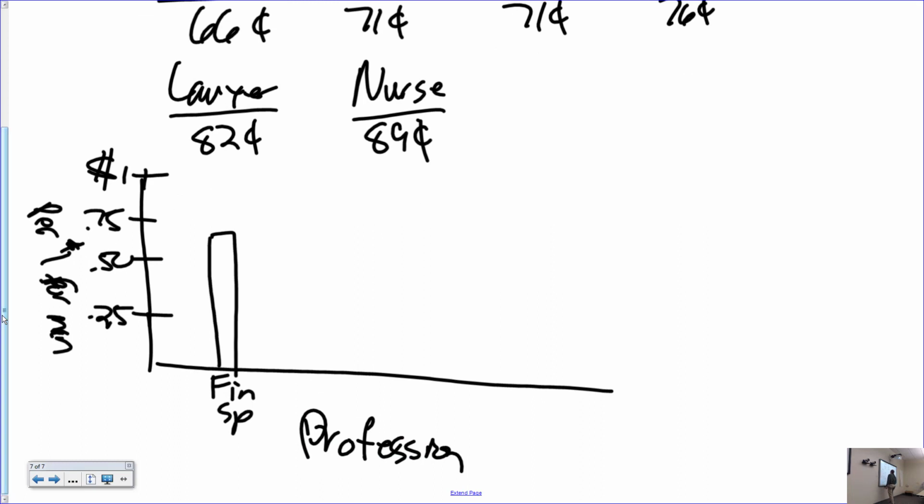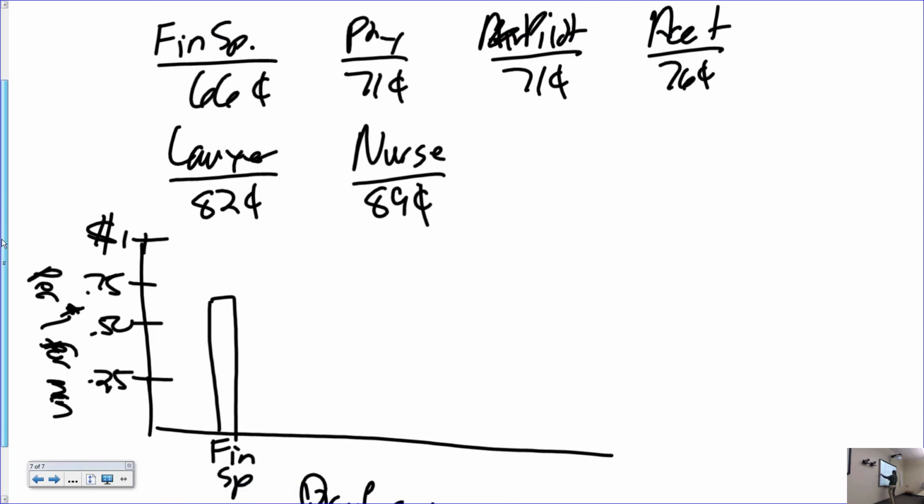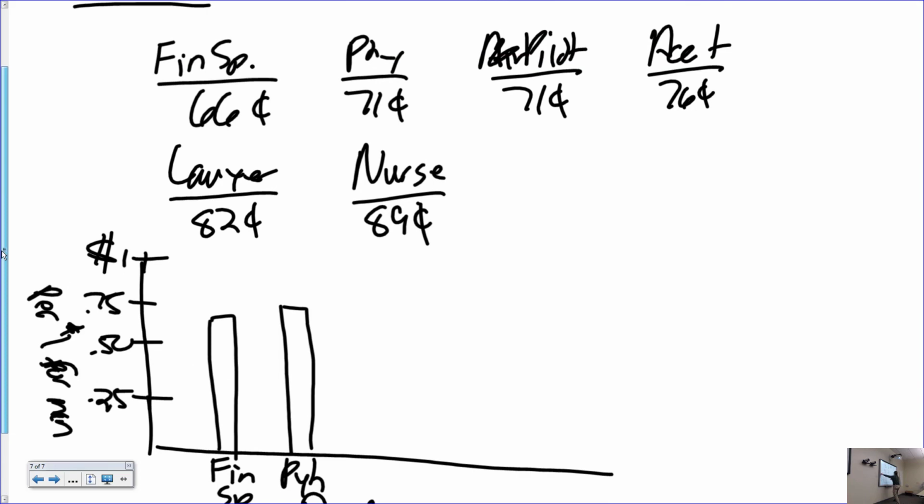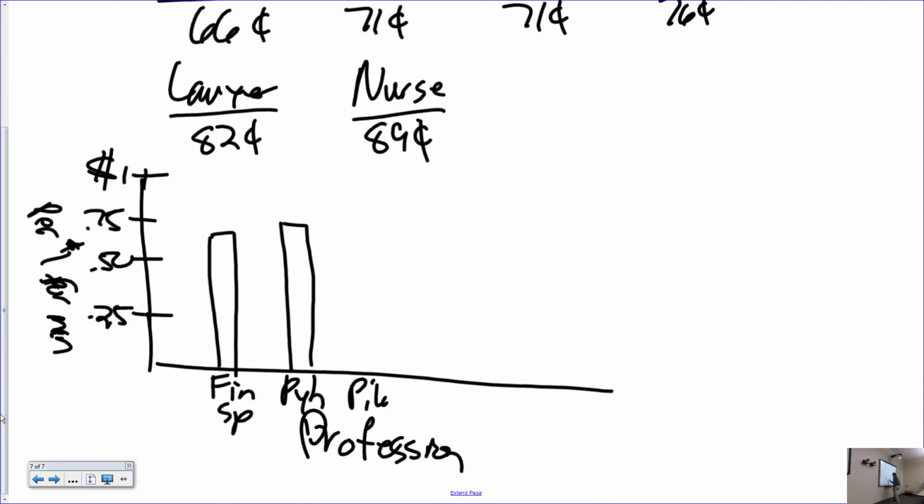That's pretty good. What's next? 71 cents for physicians, so a little bit higher, but not the 75 cents yet. What's next? Pilots are the same, 71 cents.